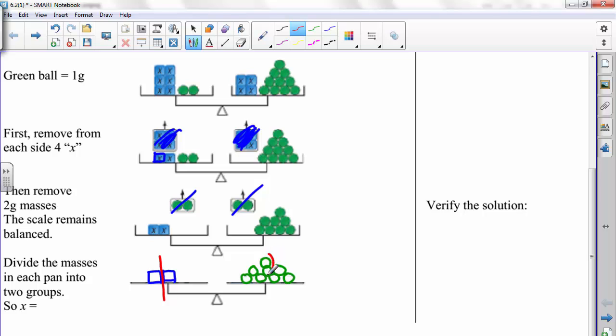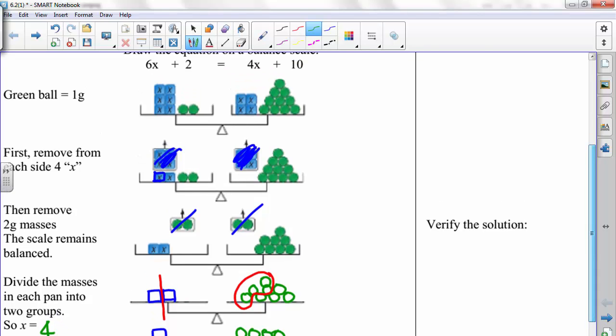I will find 4 green balls in each group. So that means 1 blue box corresponds to 4 green balls. So I can get that the x value is 4. So this is the pictorial solution.